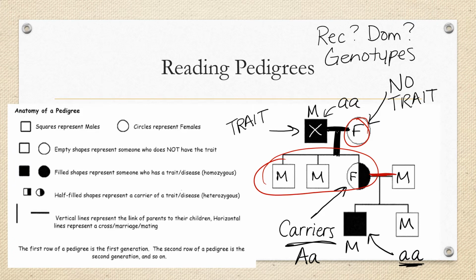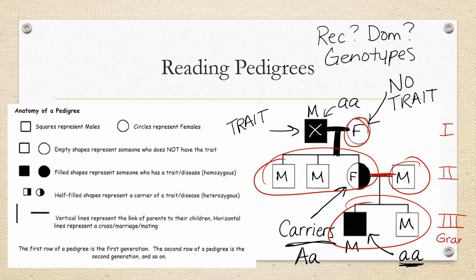This female then mated with this male to produce two more offspring. So this is going to be generation 1, generation 2, and generation 3. So these might be the grandkids, and these ones are the kids, and these are the grandparents. So you can see how everyone is related.